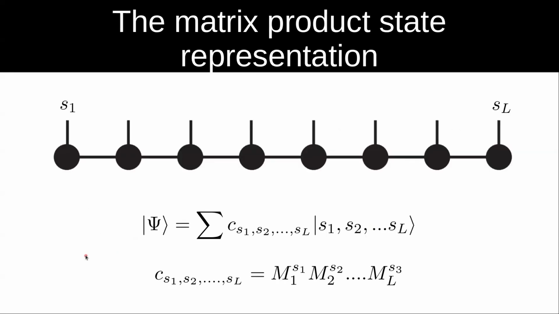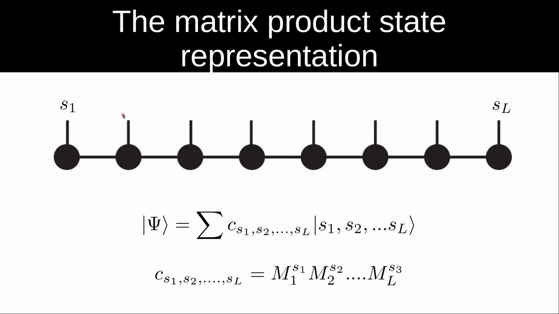And so for us, a matrix product state can be represented in this form. So we have a product of matrices. In practice, what we have is a set of nodes, and each one of these nodes is one of these matrices. The product of matrices is denoted as this line that connects one matrix with the other. And then this subindex, the spin superindex that denotes the physical spin, is effectively this leg that is free.